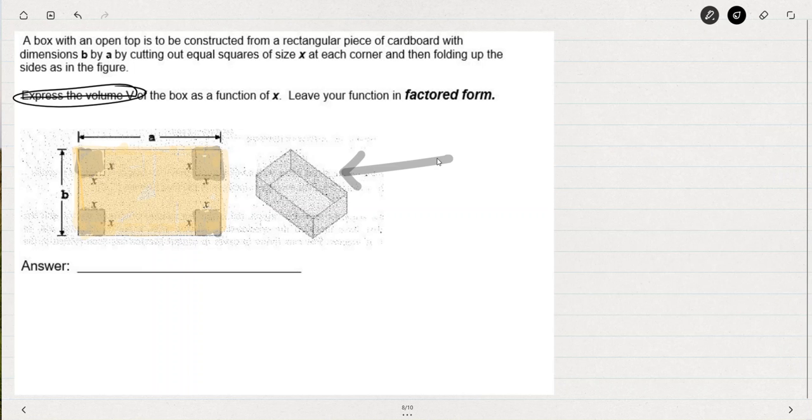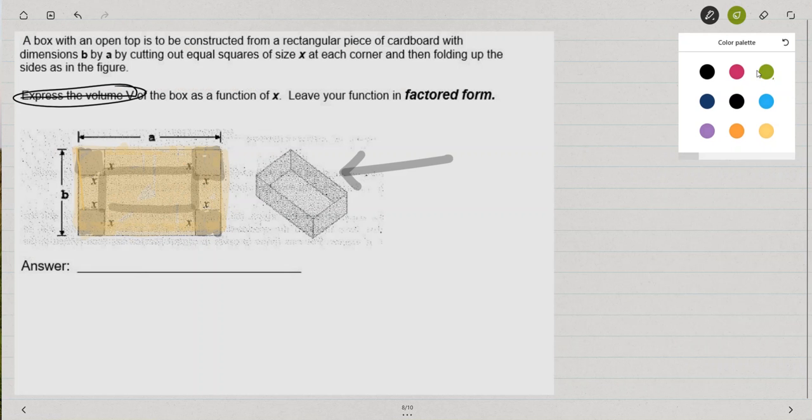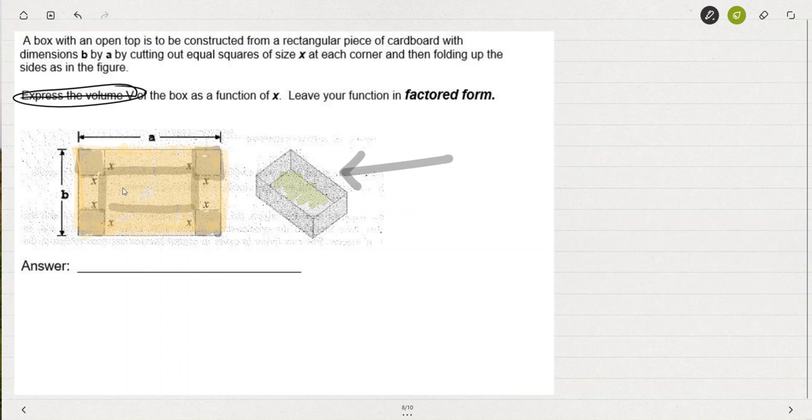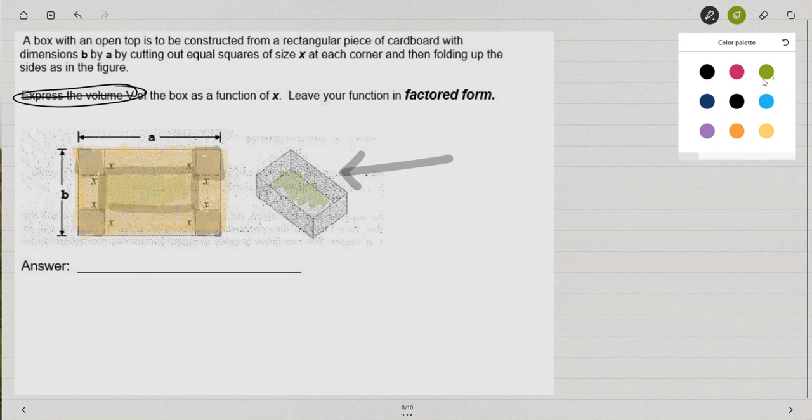But the way you do this is you cut squares in the 4 corners of the rectangle, and then here's the fold lines. We fold here, here, here, and here. And now the bottom of the box, this part here, is this. And then here's the sides.